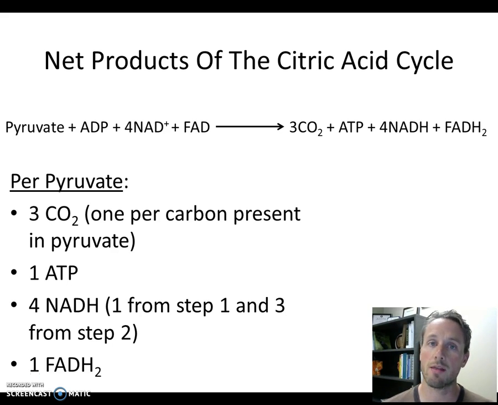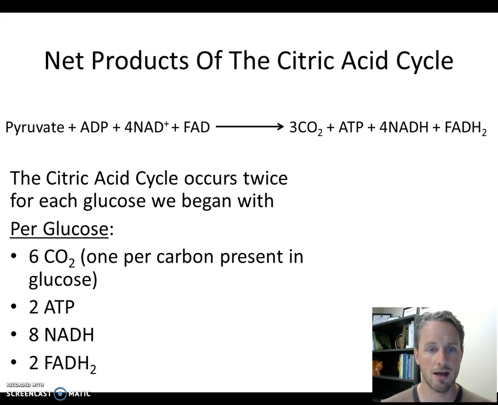So oftentimes we want to think of how much energy or how much product are we making per glucose. So since the citric acid cycle occurs twice for every glucose that we started with, if we think of this per glucose, we have to double everything. So remember, glucose has 6 carbons in it. When we break apart all the carbons, we get 6 carbon dioxides out, 1 per carbon that was present in glucose.